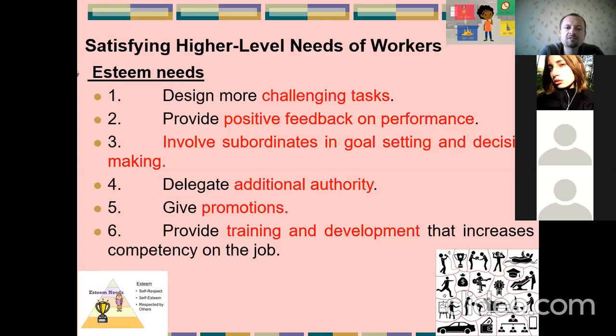You can give some promotions, and you can organize development for your subordinates. And generally, in the right bottom corner, you will see some infographics connected with satisfying the need of esteem.